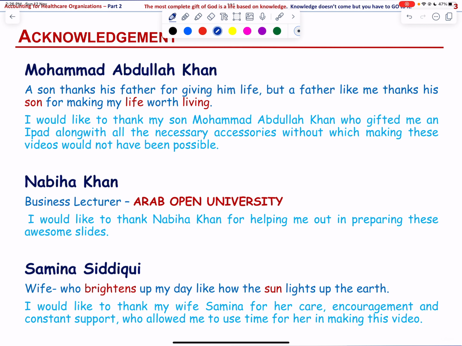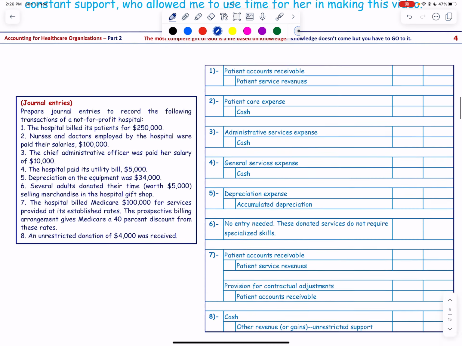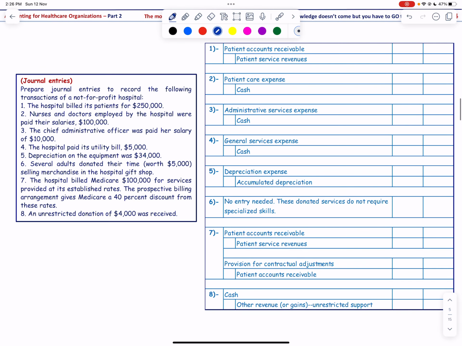So let us start with solving an exercise on generalizing transactions for healthcare organizations. Now, prepare the journal entries to record the following transactions. The hospital billed its patients 250,000.